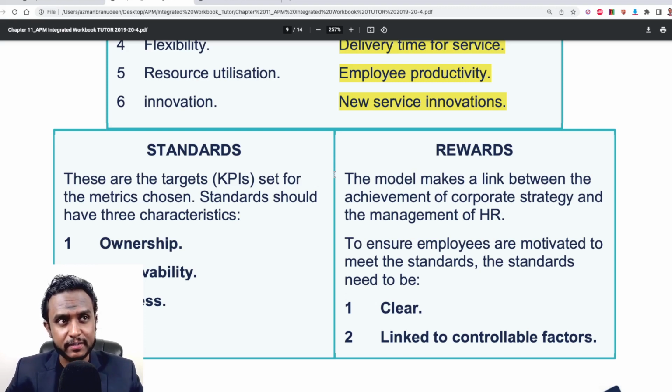The model makes a link between achievement of corporate strategy and the management of HR. To ensure employees are motivated to meet the standards, rewards need to have two qualities: clear and linked to controllable factors.